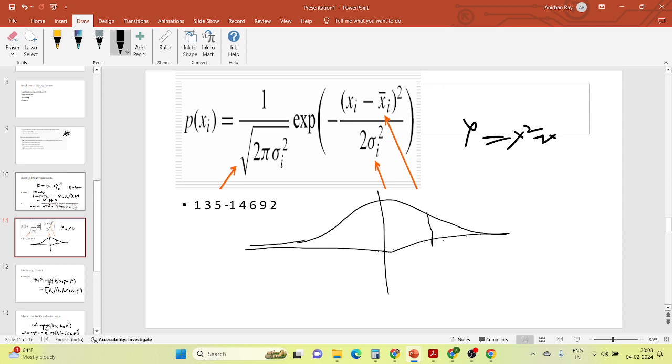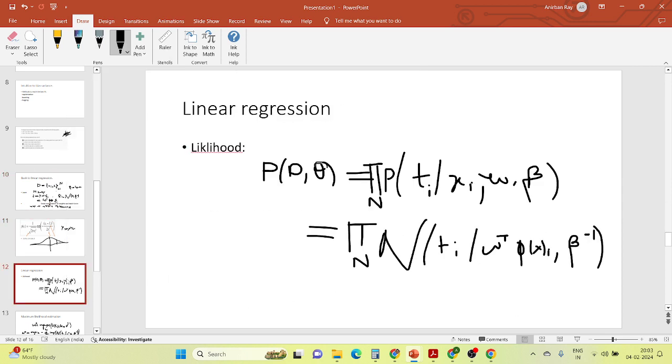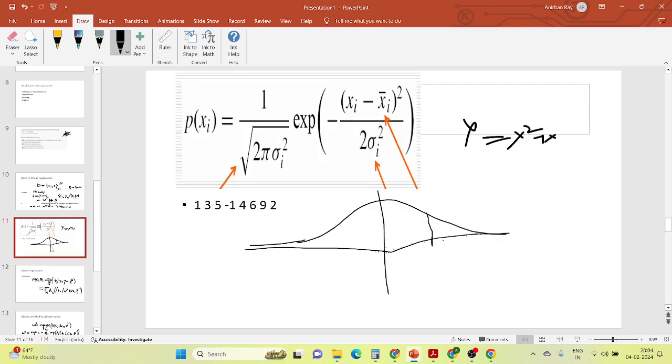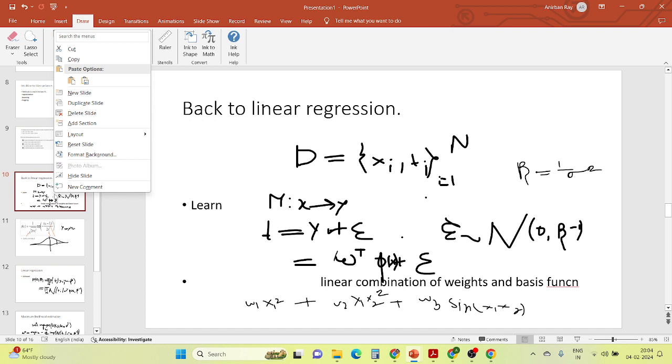That is how we got the normal distribution, and the likelihood expression will be over all training examples n. Ti is the noisy y, the value that we have got from the experiment.